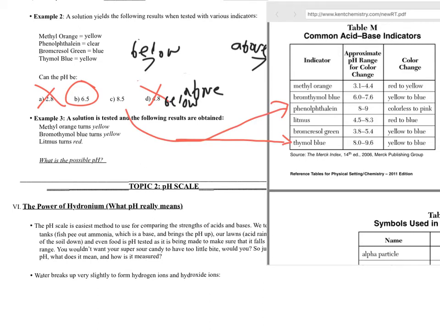Phenolphthalein, it says it has to be clear or colorless. That means it's got to be lower than the pH range. 8.5 is not lower than 8, so that doesn't work. Also, thymol blue has to be yellow. That also means lower than this pH range, and it's not quite lower. So both of those things don't work. So it's definitely not going to be 8.5, and it's definitely not going to be 4.8, which means that the one that we found before, 6.5, choice B, is definitely the right answer.